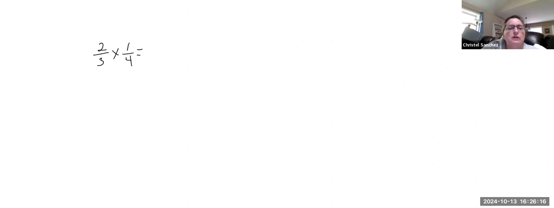So 2 times 1 is 2, and then 3 times 4 is 12. Now, can I reduce this anymore? I can, right? So 2 goes into 2 1 time, 2 goes into 12 6 times. Any questions on that, on how to multiply them?